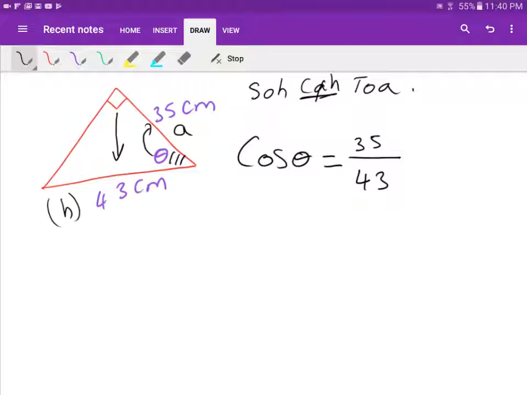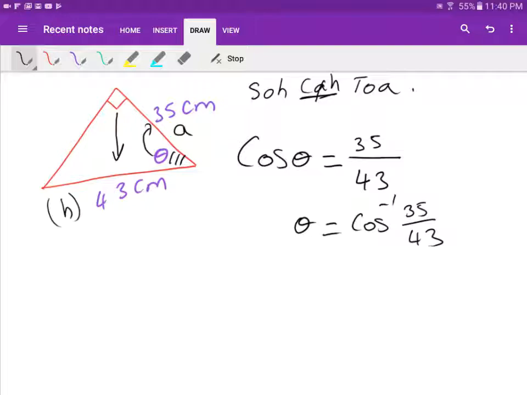43. Now, because we are looking for the angle, we want to get rid of this cos. The opposite of cos is called inverse cos. So you get theta equals cos inverse of 35 over 43.